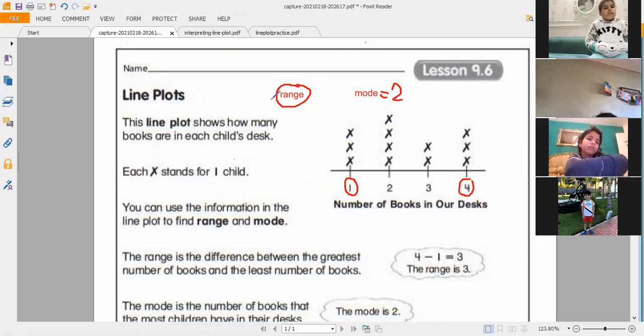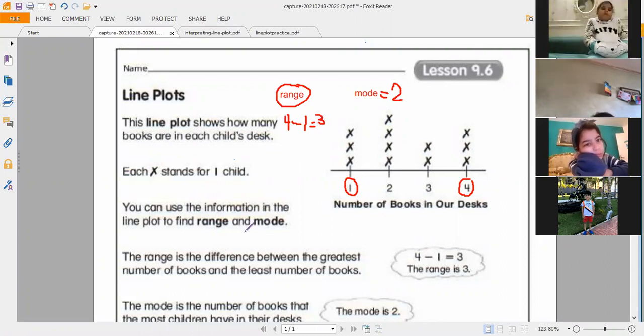So if you want to know the range, we will take the greatest number, which is 4, minus the least number, which is 1. 4 minus 1 equals 3.